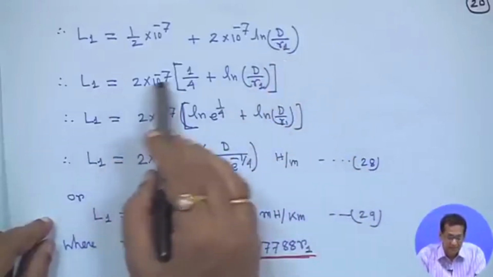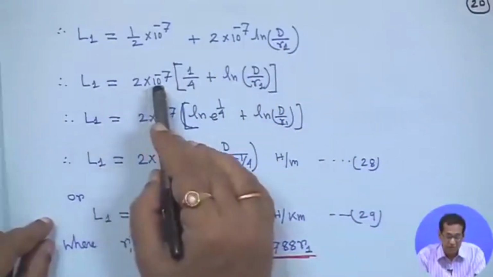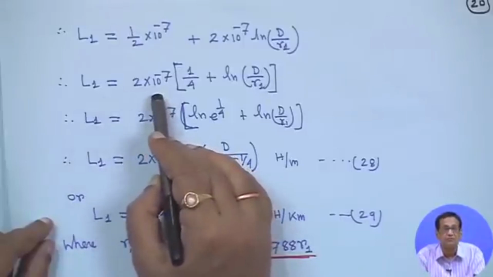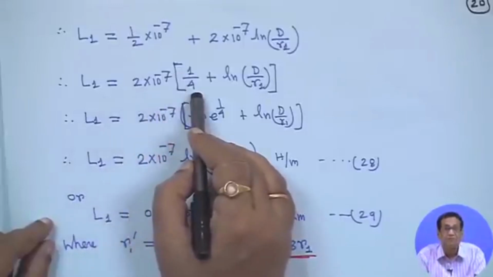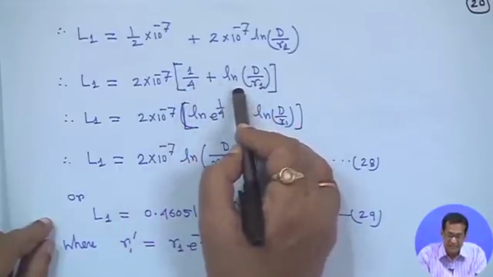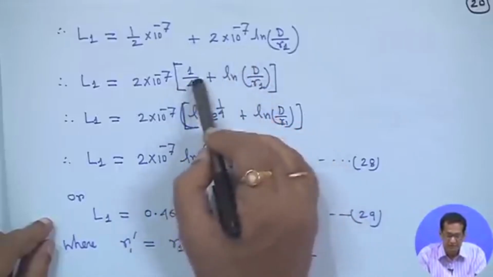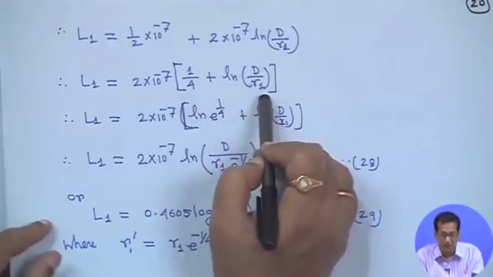Take 2 into 10 to the power minus 7 common, and this term becomes 1 by 4 plus ln D upon R1.